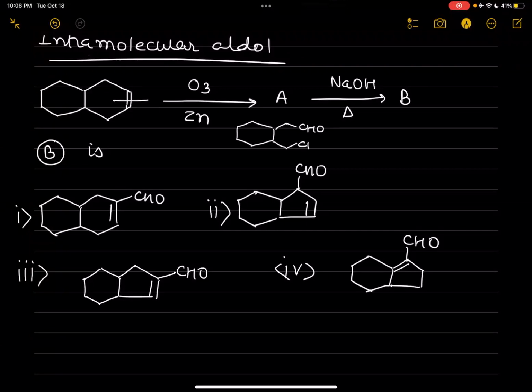And can these aldehyde groups give you aldol condensation? Do they have alpha hydrogen? Yes, alpha hydrogen is there. Where is it? The place where I have put the tick mark.